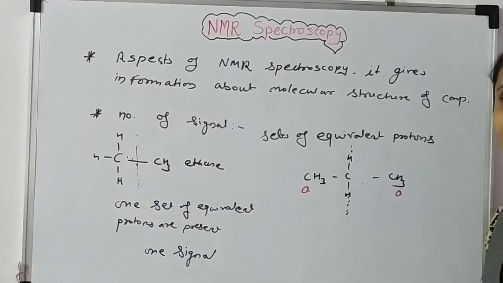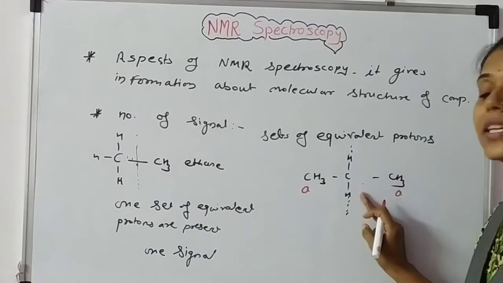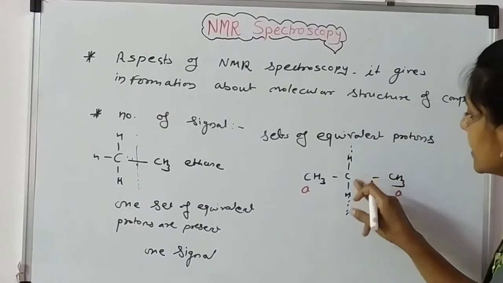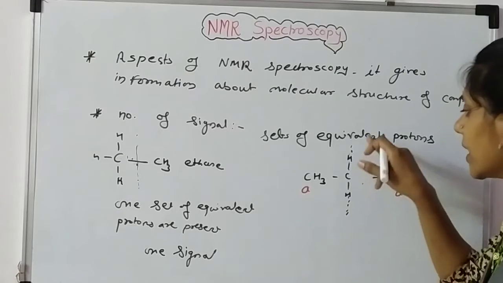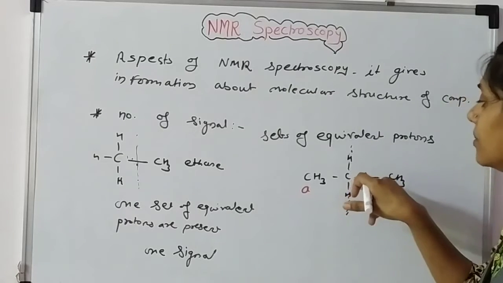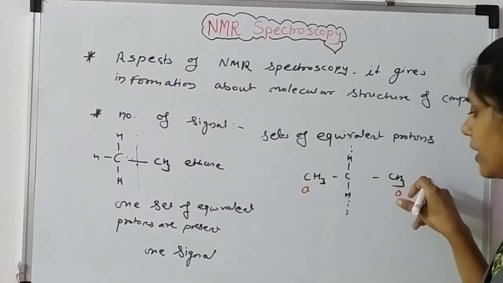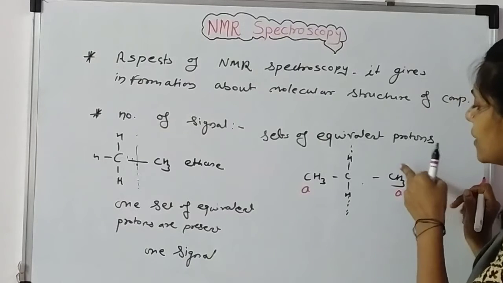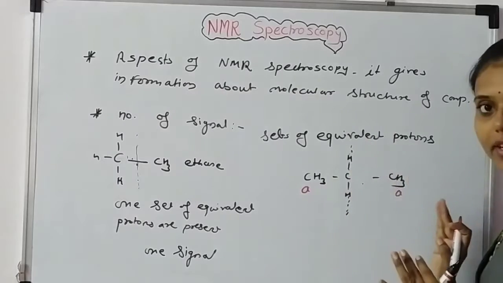But this CH2 has a different environment than these protons, since these two protons are attached to that carbon atom which is attached to 2 methyl groups. Understood? And these 3 nuclei are attached to that carbon atom which is attached to a methylene group. That means there is a difference.